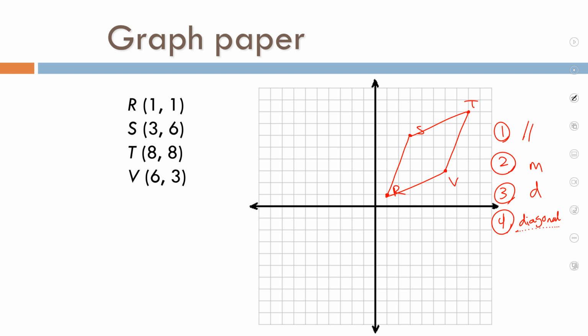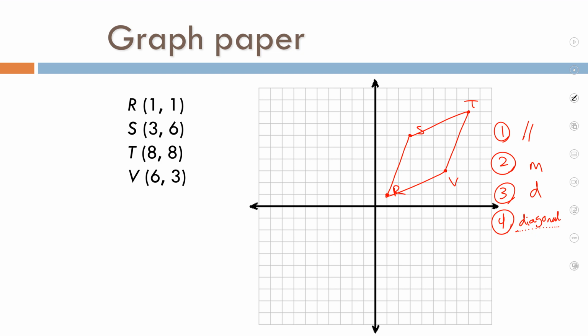Okay, so let's suppose that Leah wants to use method number 1. What are you going to do? Good. And what do you need to find in order to show that they're parallel?